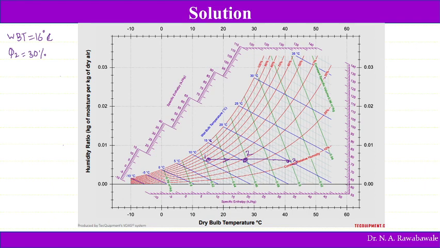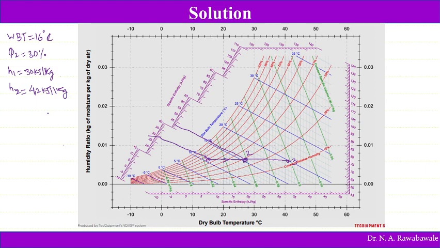As for enthalpy H1 and H2, corresponding to point 1, the enthalpy H1 is equal to 30 kilojoules per kg, whereas H2 is equal to 42 kilojoules per kg, as we can find here.